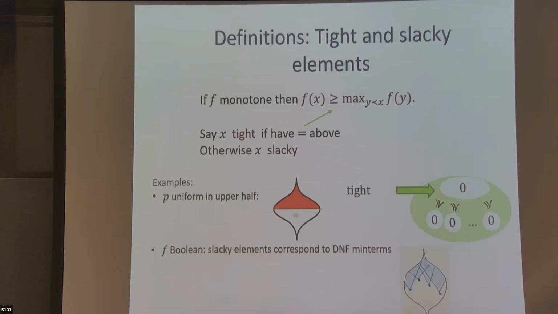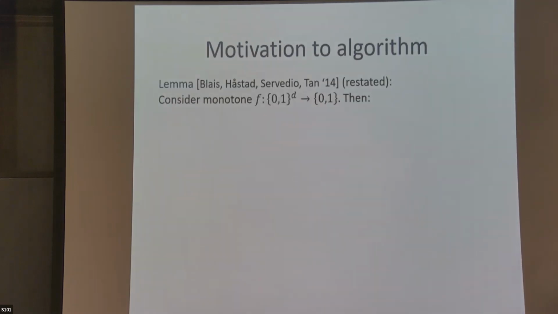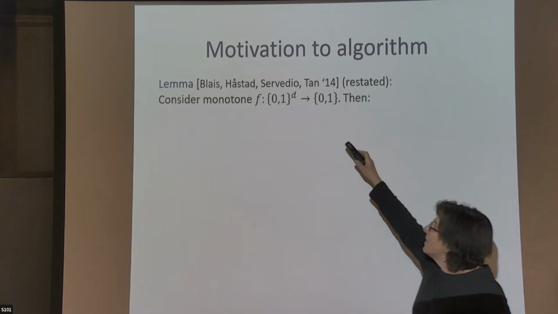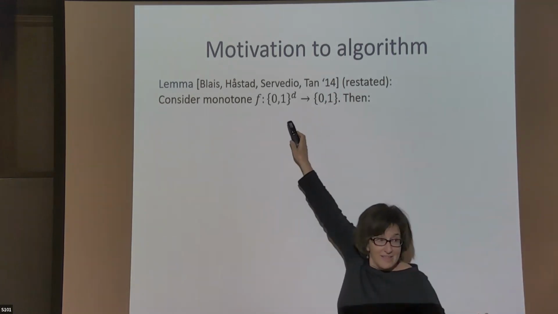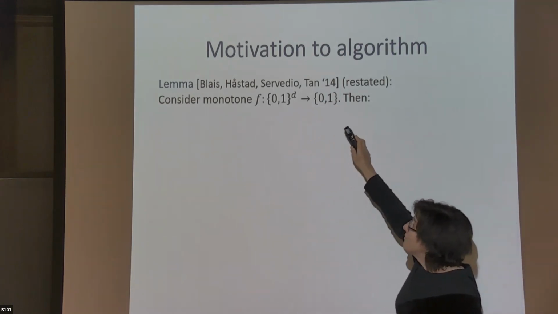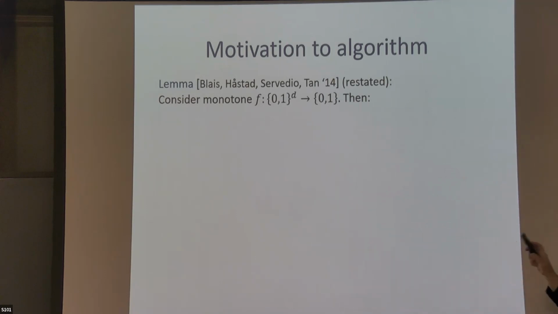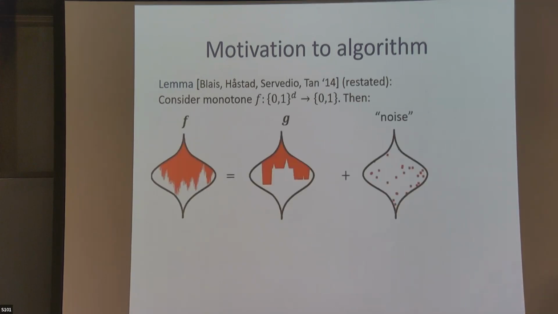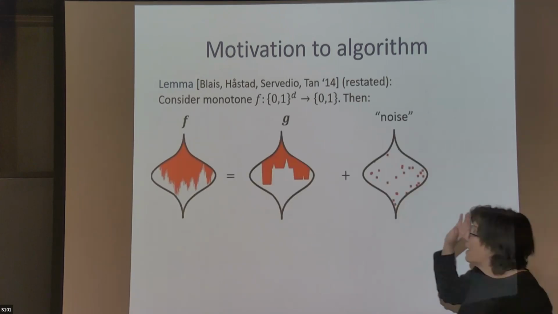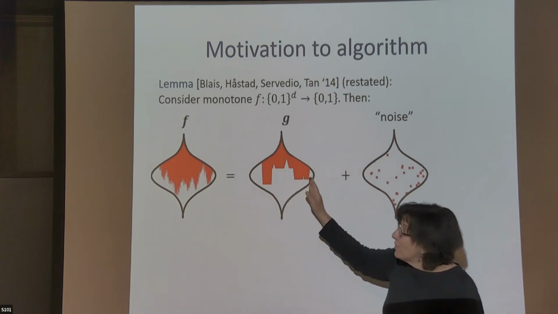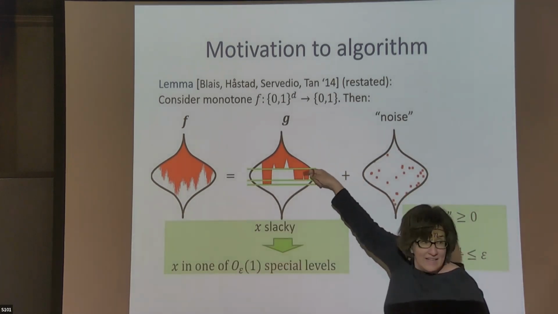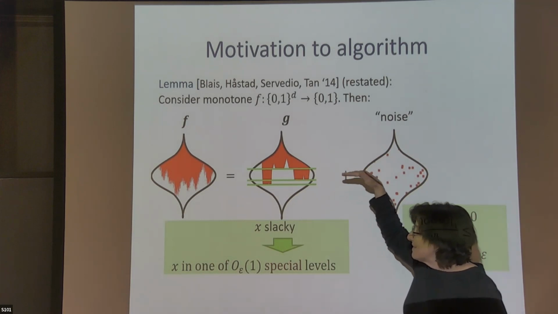In particular, this is a monotone function, it's not a distribution. But in the setting of monotone functions, Blais, Håstad, Servedio, and Tan showed that for any monotone function, you can approximate it by a function G, which has its slacky elements only at specific levels.